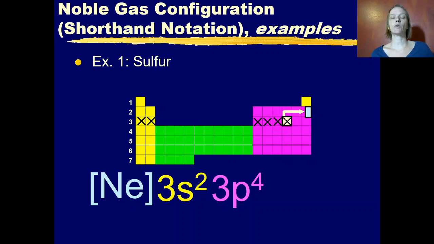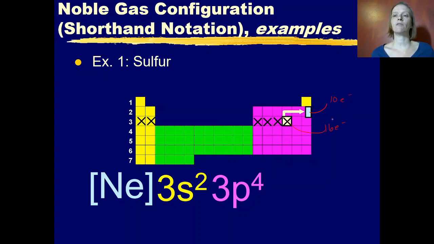Sulfur is the 4th element in this 3p sublevel. Therefore, we have 4 electrons in the 3p sublevel. Now, just as a double check, neon has 10 electrons and sulfur has 16.